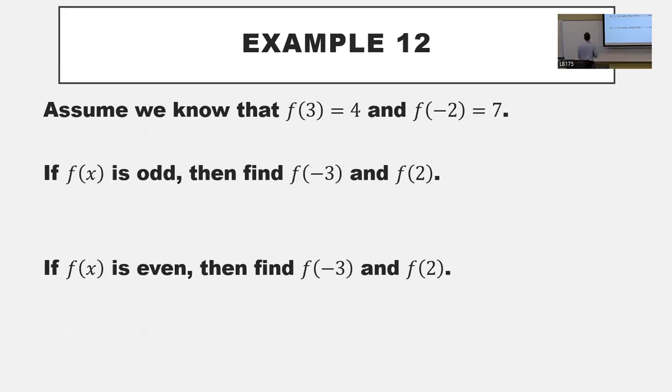So if I know that f of 3 is equal to 4 and f of negative 2 is equal to 7, if f is odd, then where does f send negative 3?